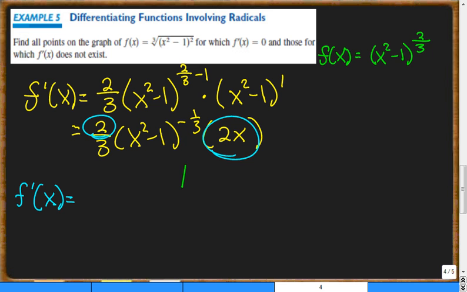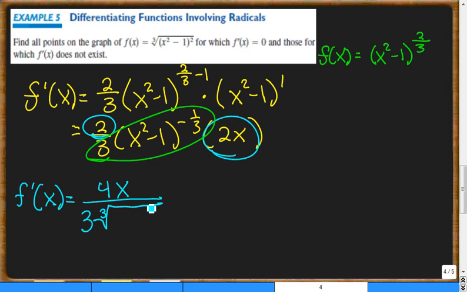And I know this because a negative exponent is a denominator and a 3 is there. So these are the things that go together. So 2 times 2x gives me 4x. And the bottom is going to be 3 times the cube root of x squared minus 1.